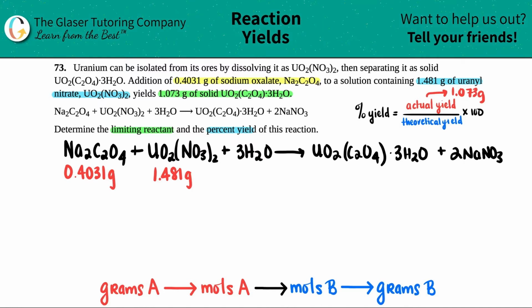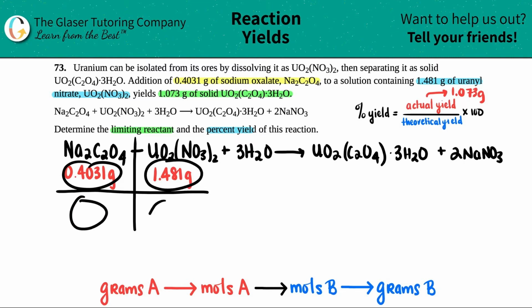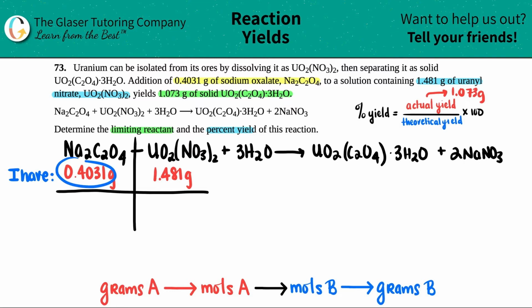Well, I like to make a chart. So I take these two amounts and make this little chart, and now there's going to be 4 boxes, okay? The first ones, the ones that they gave you, are the I haves. So I have 0.4031 grams of this compound and 1.481 grams of this compound. We now have to find out how much I need.